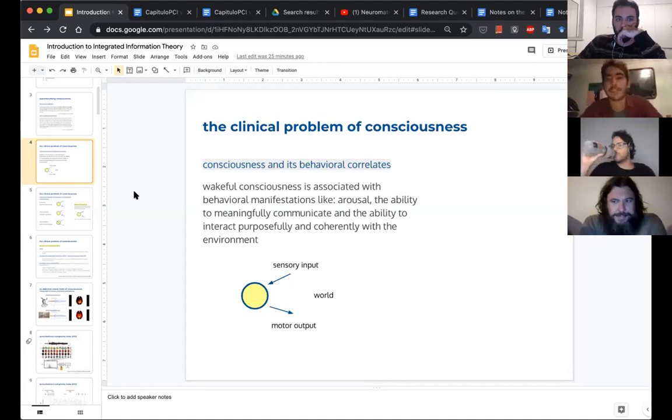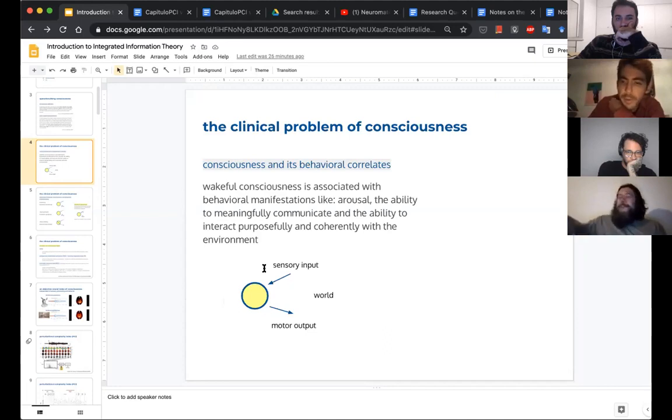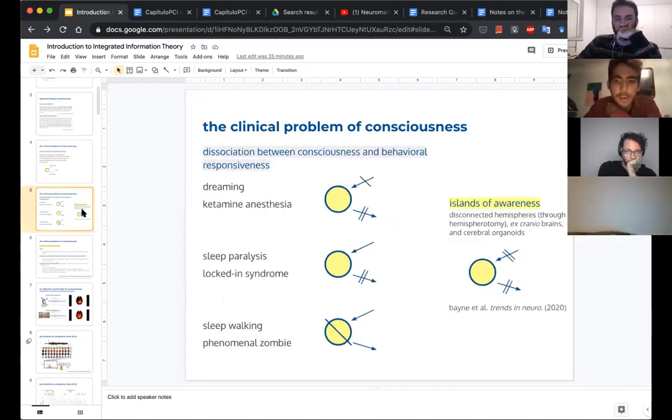Yeah, sorry. In wakefulness, we have no problem telling if someone is conscious, right? You have lots of behavioral signs, because the person can tell you, and you have all sorts of behaviors, and the fact that the person is connected with the world, both sensorially and in terms of motor output, allows for that. But you have altered states in which you lose this connection between behavior and consciousness.